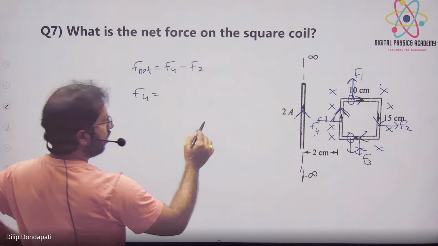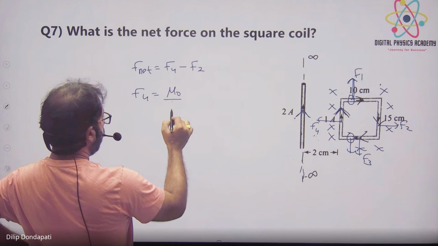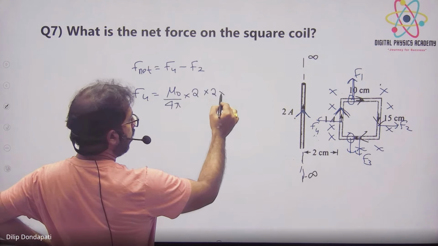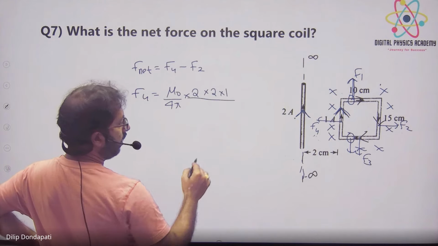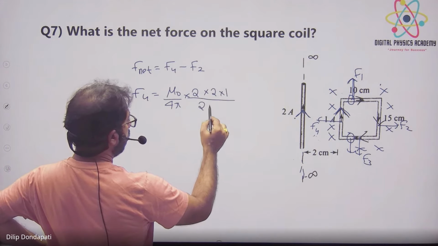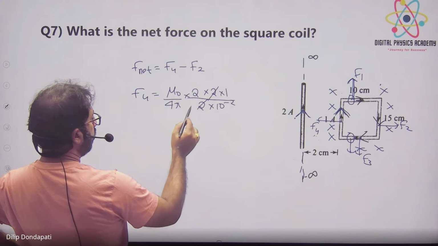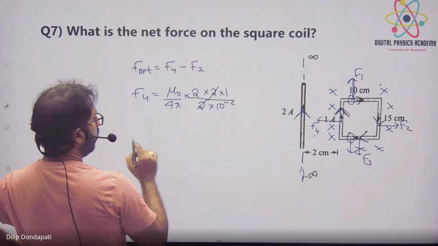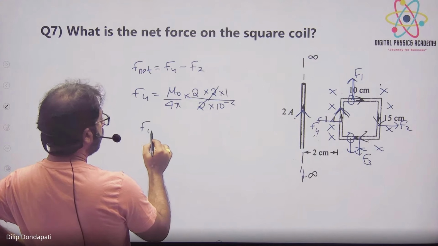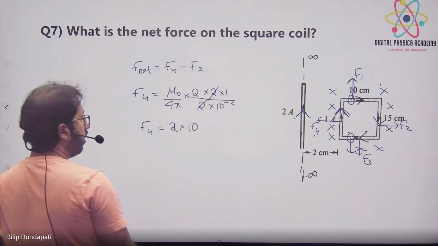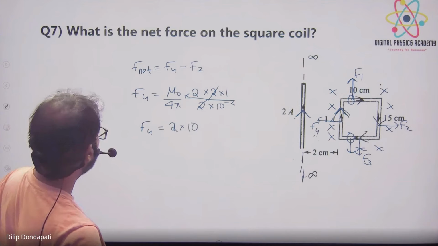So F4 is mu naught by 4 pi into 2 into I1 I2, into 1 by D. D is 2 centimeters, 2 into 10 power minus 2. 2 to cancel. So 10 power of minus 7. Force per unit length we are calculating.